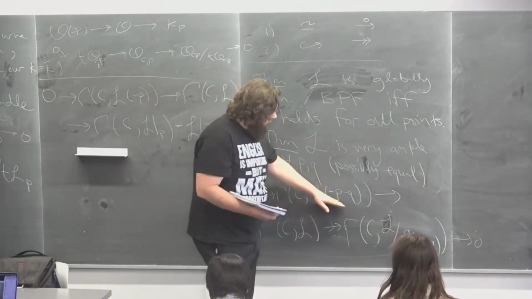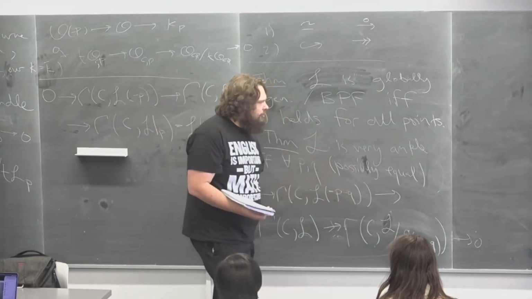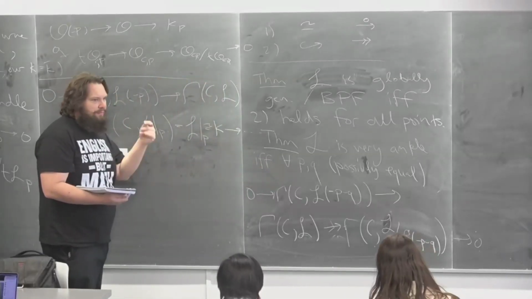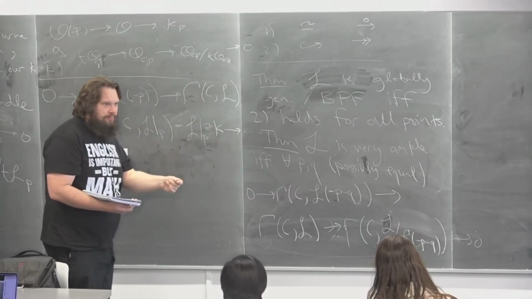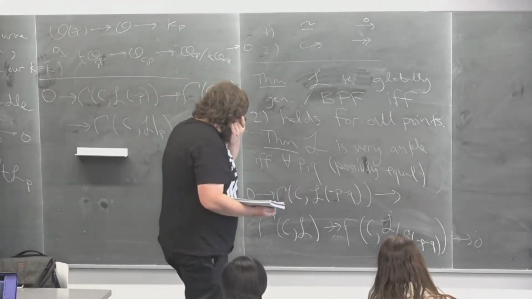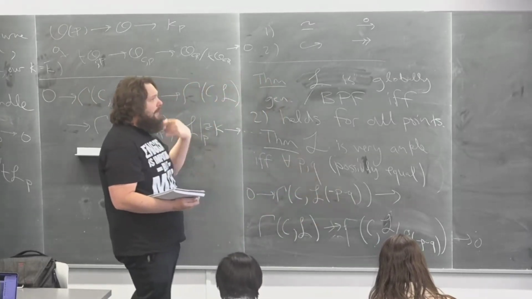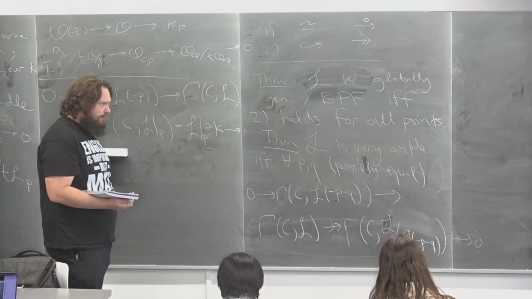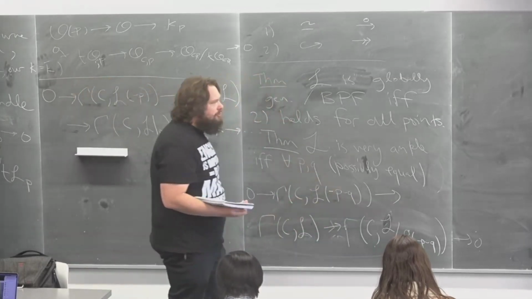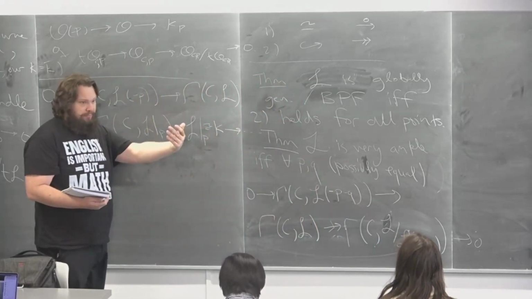What taking P and Q equal is measuring is the derivative of the map at that point, right? So distinct P and Q measures, do I get a bijection on closed points? And what the same P and Q measures, so P equals Q, is, am I getting an immersion?